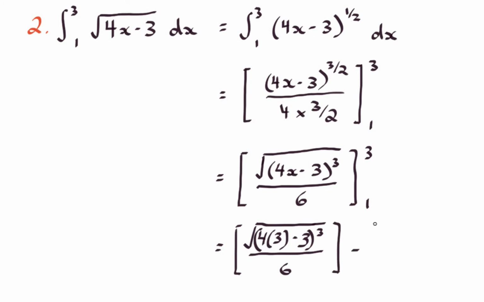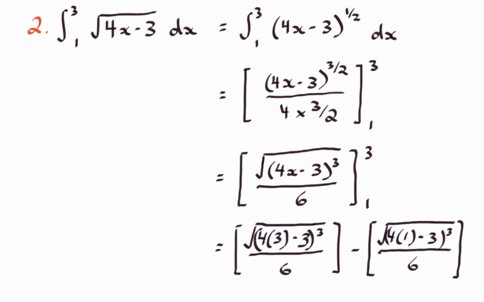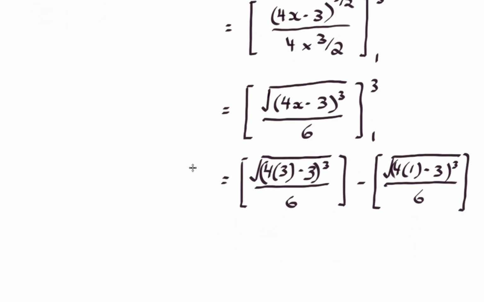And then we take away the same expression, but now we substitute in 1 for x. It's a bit messy looking, but just take it one step at a time. Focus on one little bit at a time and it becomes manageable.